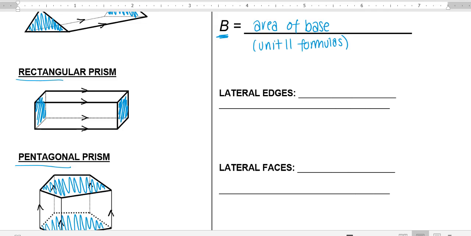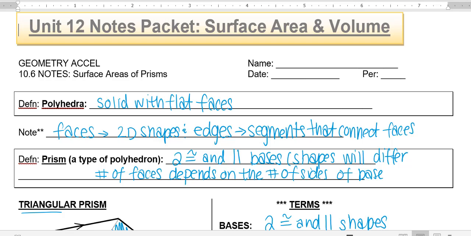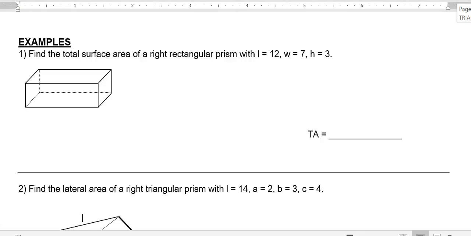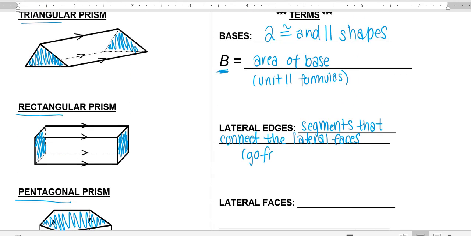The lateral edges are the segments that connect the lateral faces. Or another thing to think about them is that they go from base to base.